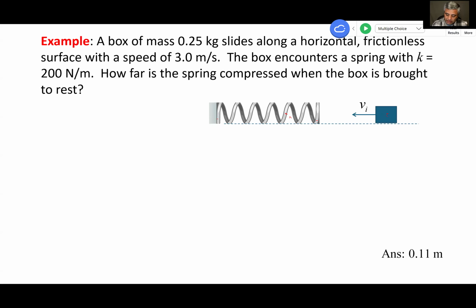Mass is moving towards the spring and collides with the spring. And then what happens? The spring does work. And because of that, it slows down, and at a certain time or at a certain distance, it's going to stop before it gets launched back, okay?